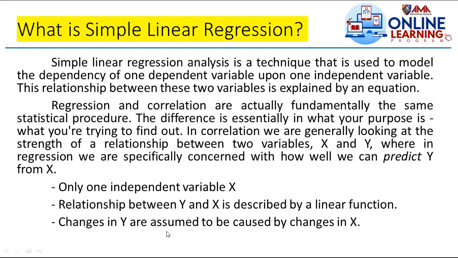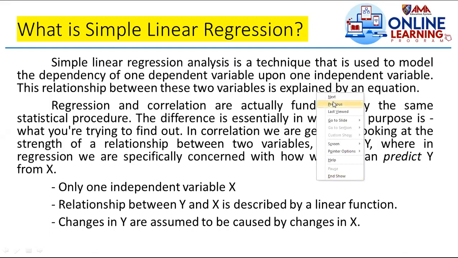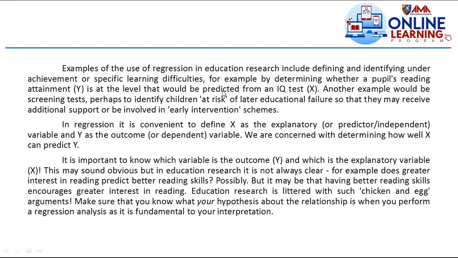Changes in y are assumed to be caused by changes in x. Okay? So, example, the use of regression in education research include the defining and identifying underachievement or specific learning difficulties.